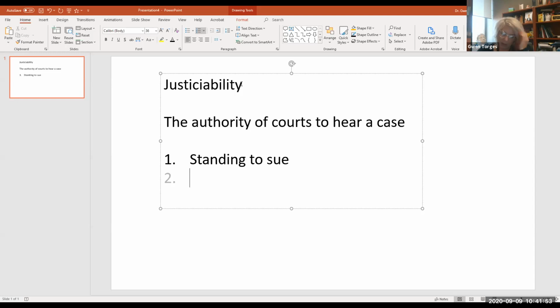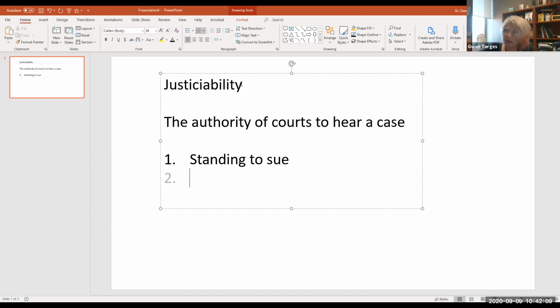And so we have standing. And the court said, yeah, in some ways it was the same thing, but you just have to have somebody who's going to be harmed. The court does not hear hypotheticals.